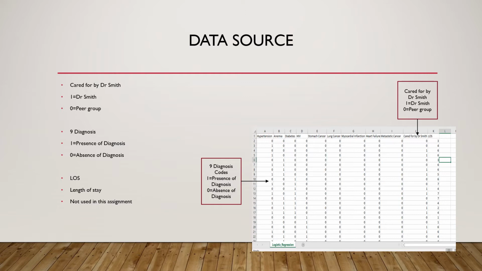And the LOS, which is also known as the length of stay, is in column K, which is not binary and is not used in this assignment. Care for Dr. Smith is the dependent variable, and the 9 diagnoses are the independent variables.